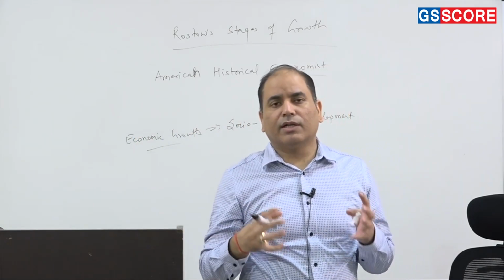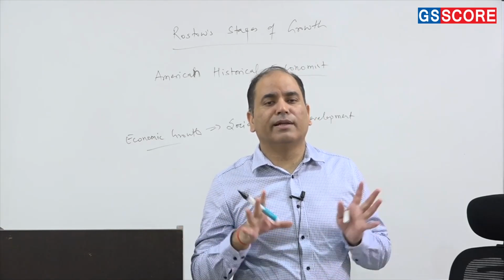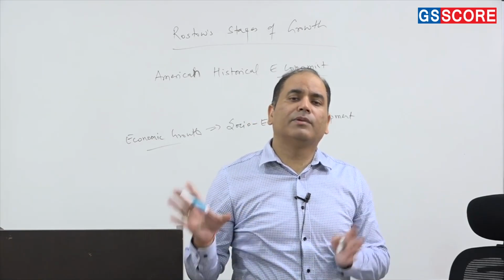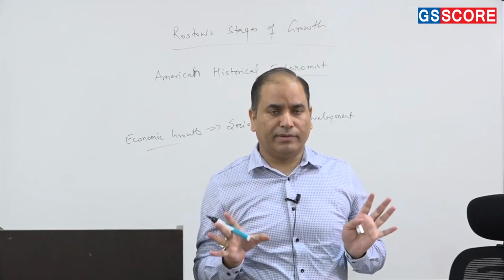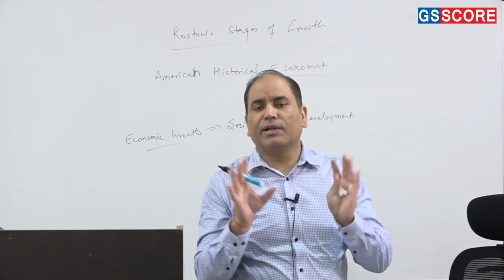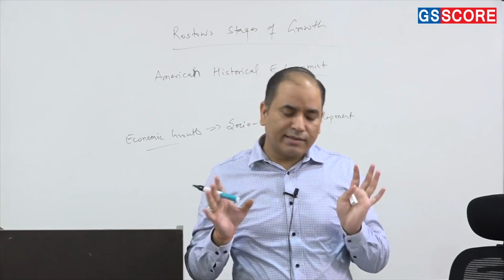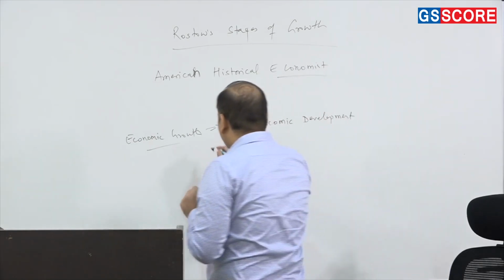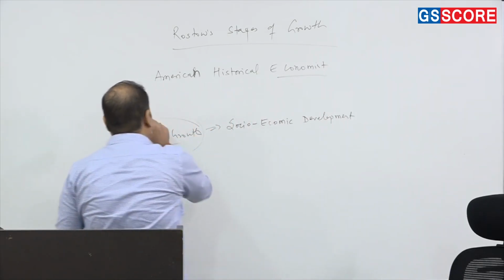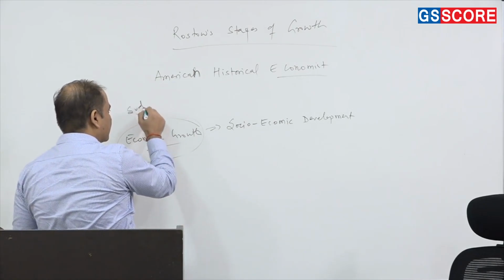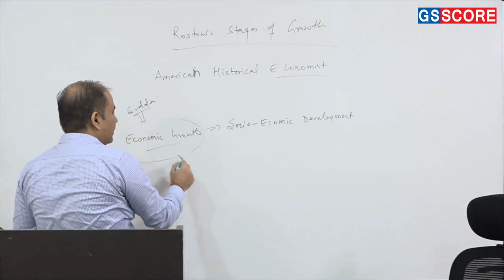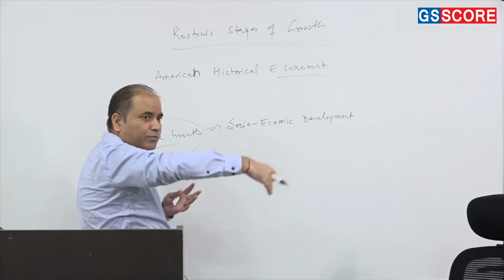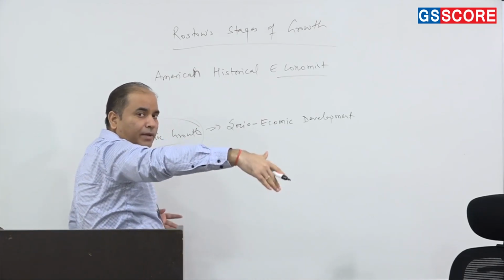So, economic growth and socio-economic development are closely linked up. If economic growth will happen, socio-economic development is bound to happen. So, this was the simple idea. And the second idea was that this economic growth is not possible to be sudden. It follows some time frame.